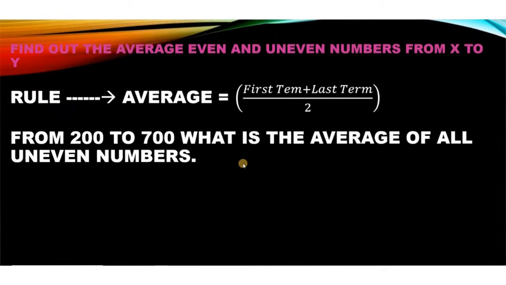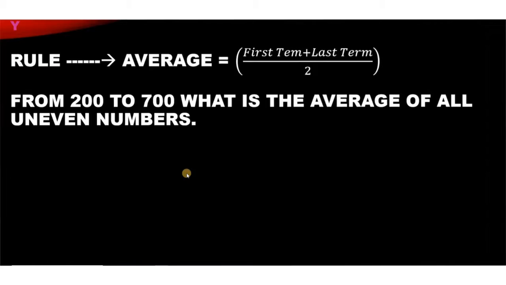Next you need to find out the rules to get the average of even and uneven number from x to y. So let us start the example.